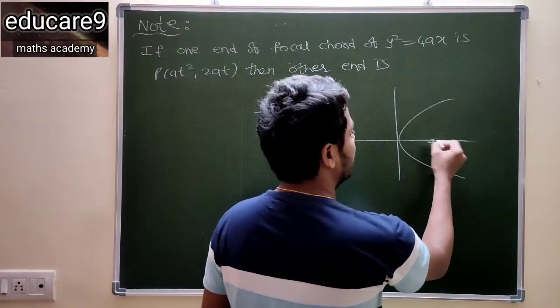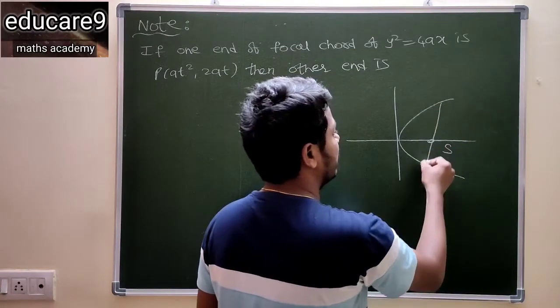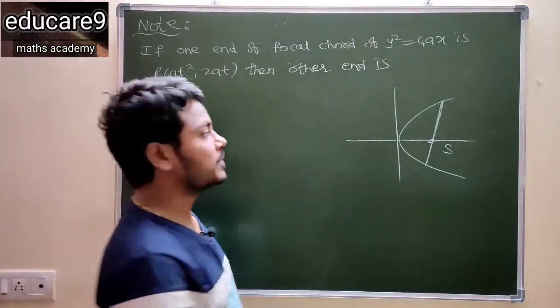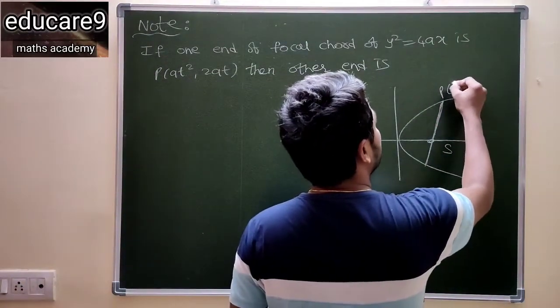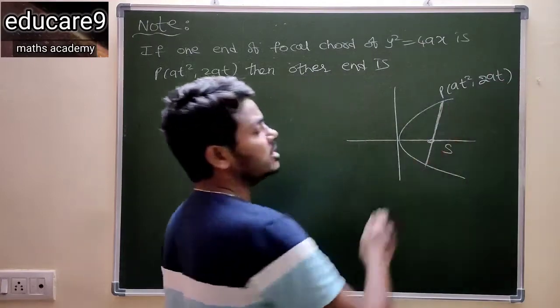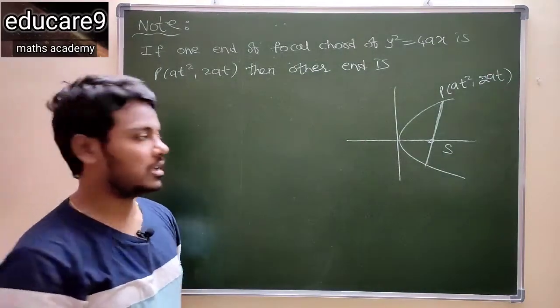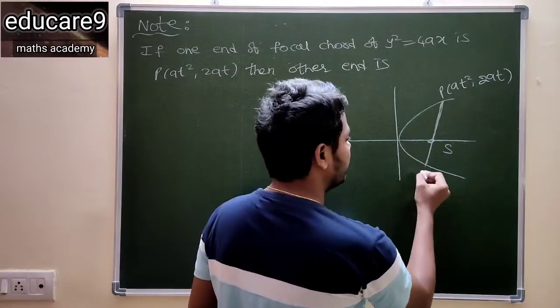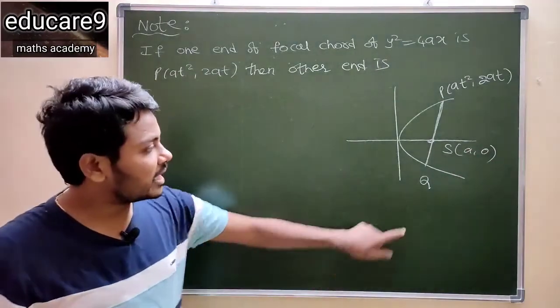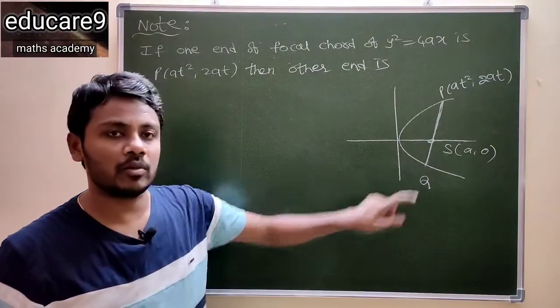Suppose this is the focus, so this is a chord. This is called what? Focal chord. Suppose P is given (at², 2at). So using this you can find the other end, that is Q. So clearly Q lies on the parabola.